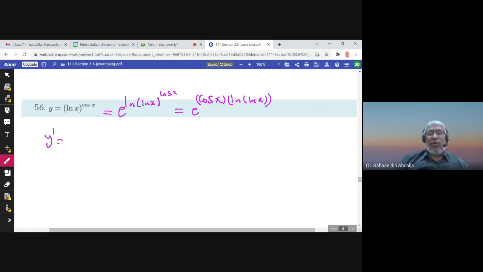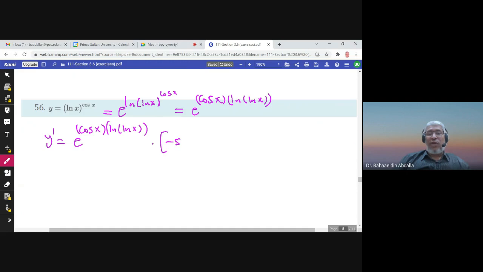Y prime would be e to the power cosine x times ln ln x, times the derivative of this, which is a product.